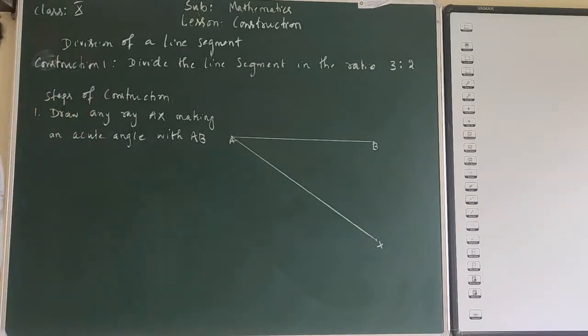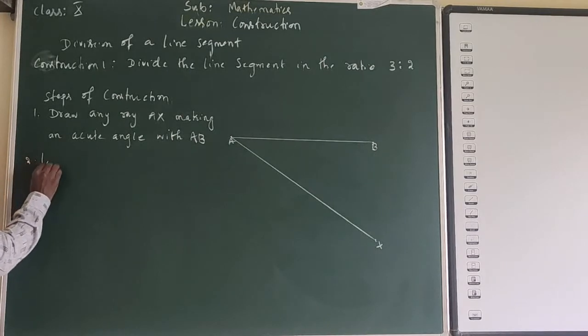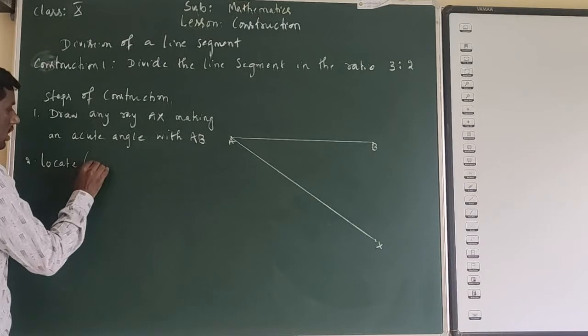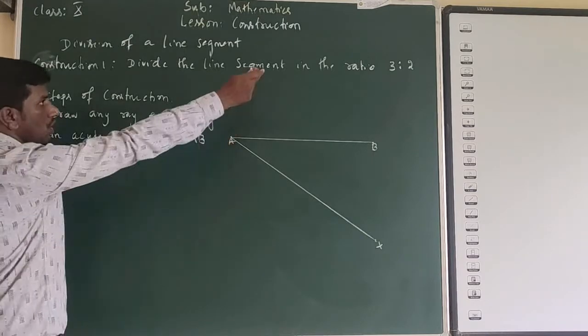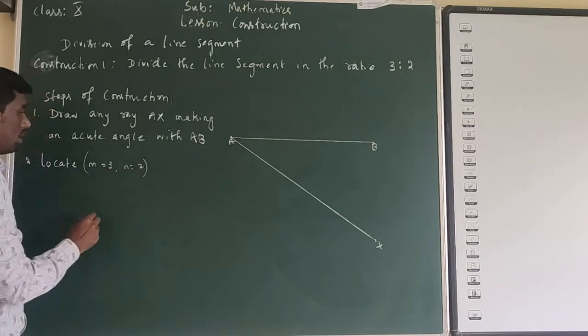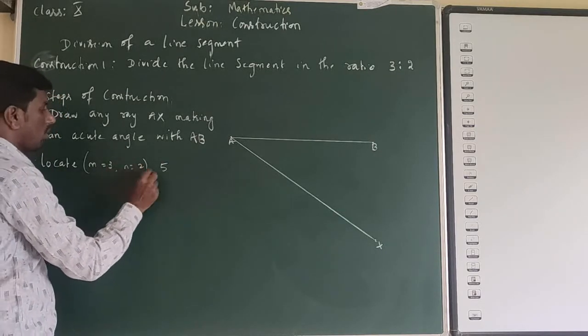Then the next step will be locate 5 points. Here the ratio is m equal to 3, n equal to 2. Adding these two, m plus n, it becomes 5.